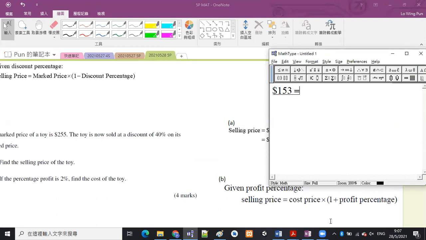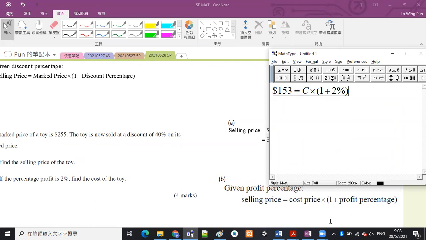We just use the unknown, but don't forget to write down the conclusion at the end, after calculation. You don't need to write down the let statement. Just use the C, and then times 1 plus the profit percent, 2%.